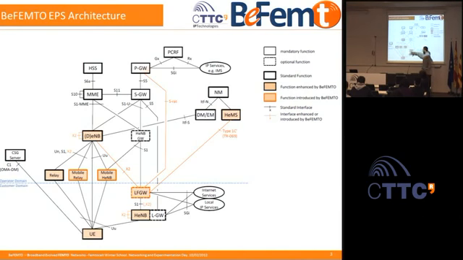So the management of these entities here will be shared between the mobile network operator and the local network operator. So in summary, we mostly don't touch the core and we focus our innovations over here, for considering all these 4 scenarios that we are studying in BeFEMTO.